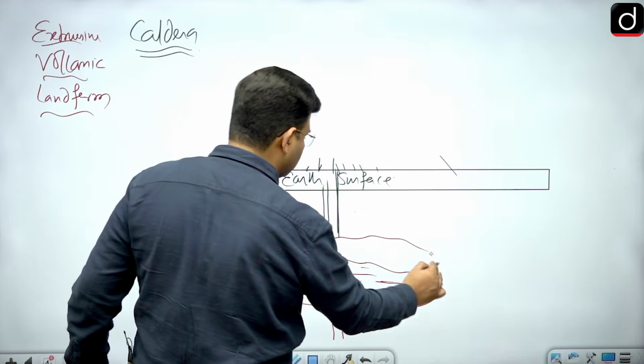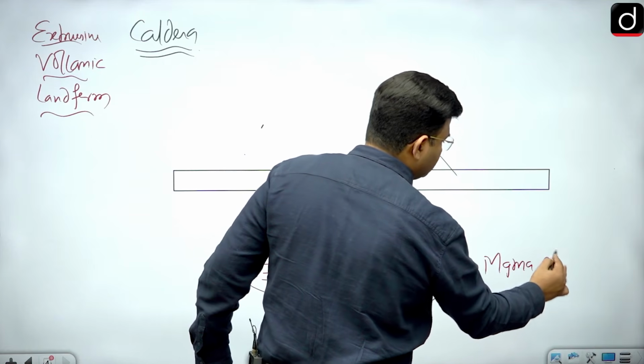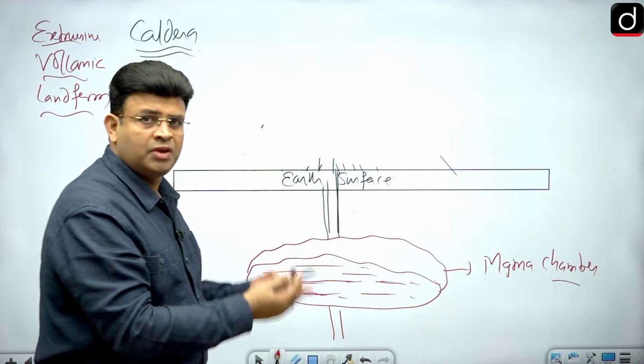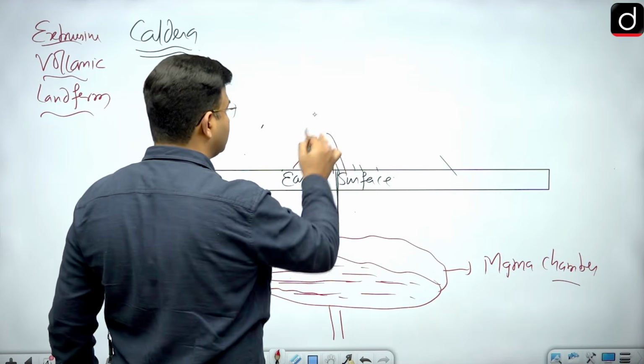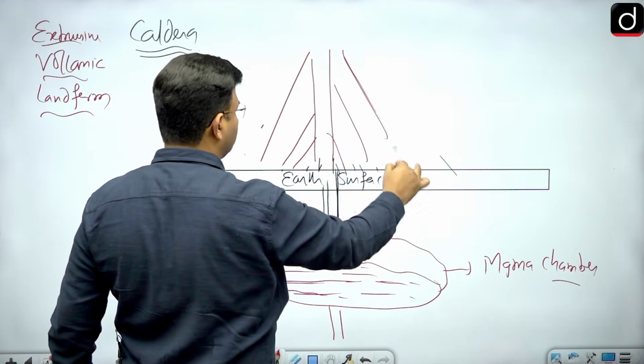After the magma chamber has been filled up, the volcanic eruption takes place, and the formation of a volcanic mountain keeps on happening.